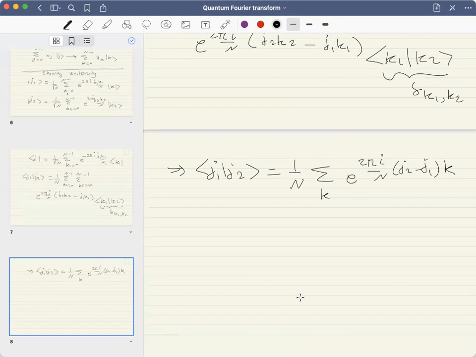So now, well, what is this thing? So this looks like a geometric series, right? So e to the 2 pi i over N (j2 minus j1) k, we can call it beta to the power k, where beta is just this.